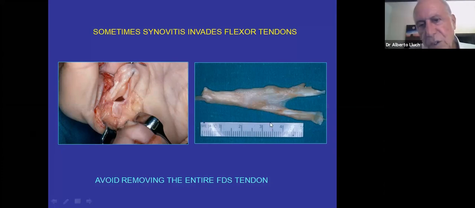Please preserve half. I should have preserved this half and removed only this half that is more involved. But try to preserve the sublimis tendon if it's not fractured.